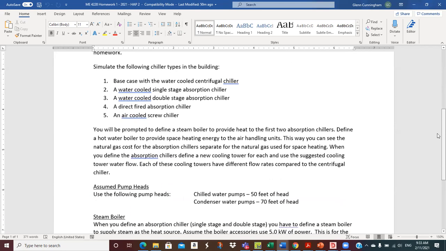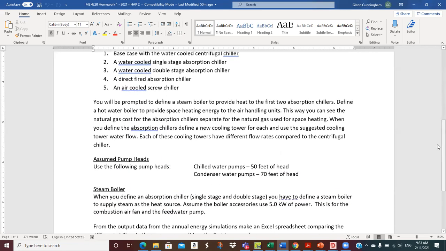So also, and this may already be in that model, but if you don't have a heat source for the absorption, then you'll be told that you have to add one. And so if that's not in there, you'll be prompted to define a steam boiler to provide heat for the first 2 absorption chillers.